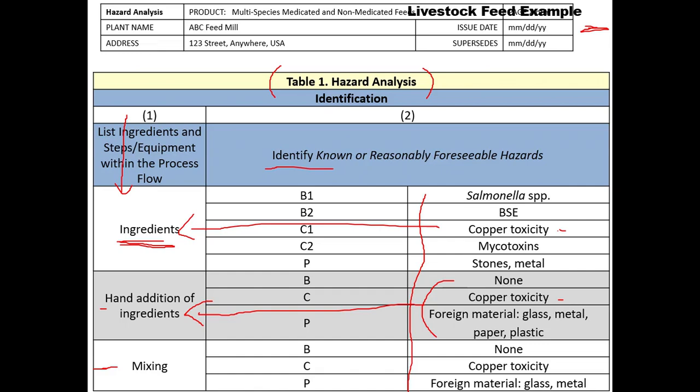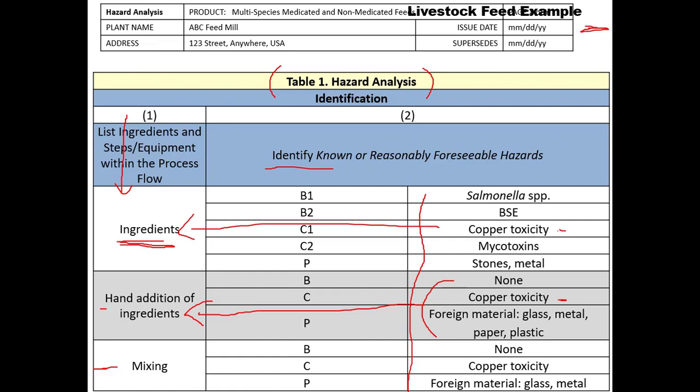Okay, so for copper toxicity, for example, we have copper toxicity associated with our ingredients because we're bringing premixes in or maybe even bringing copper in. So that can be introduced there. With hand addition of ingredients, the likelihood of copper toxicity happening gets increased in this section.